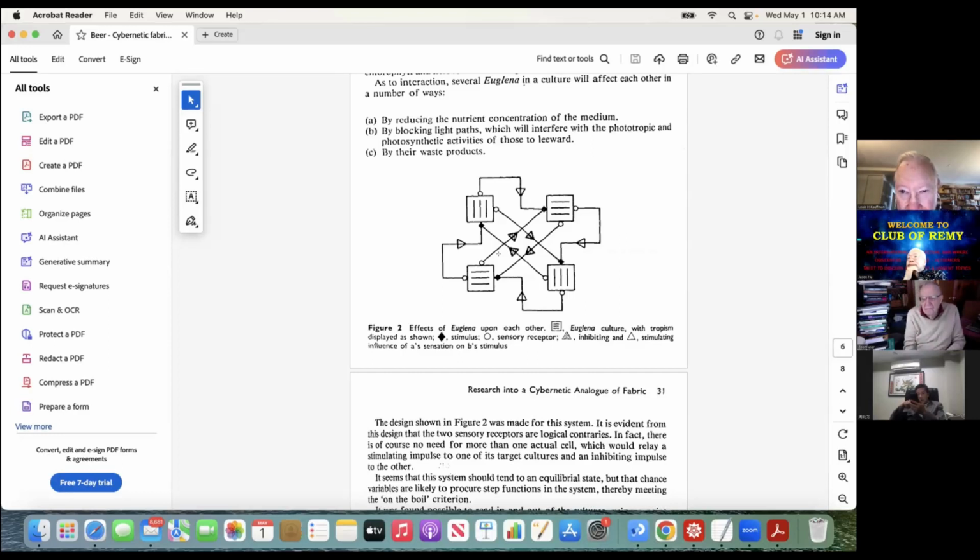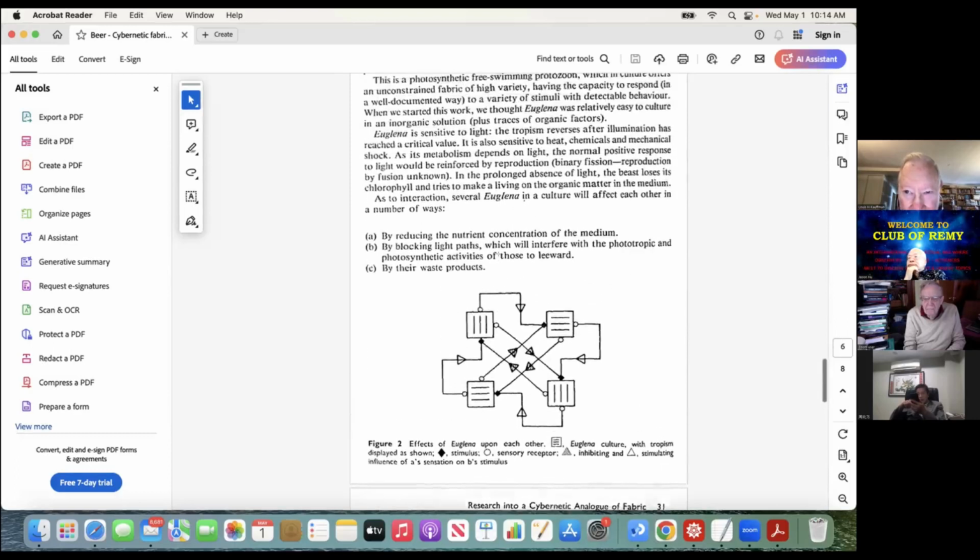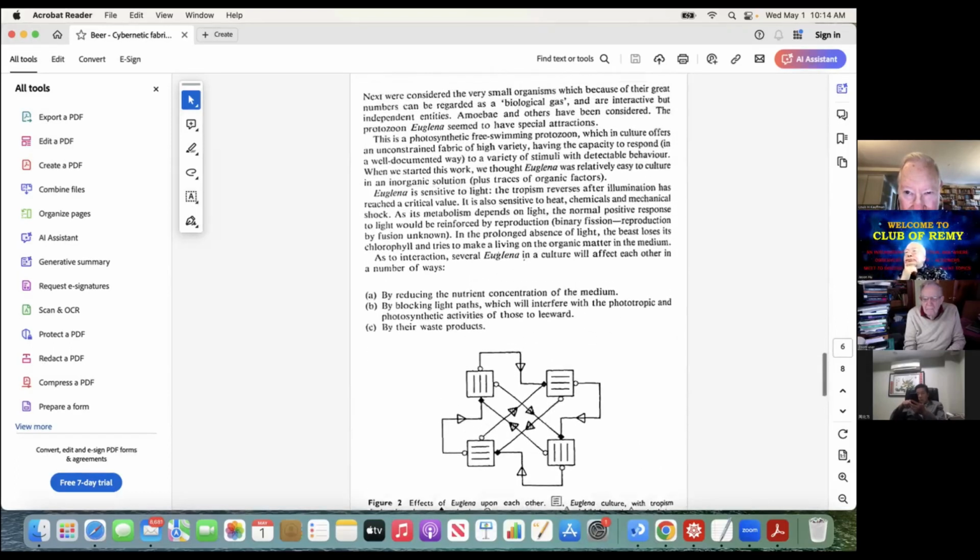Well, as you see, if you look at it, he is in fact describing it here. It's interesting to read. This is a photosynthetic free swimming protozoan, and it's sensitive to light. The tropism reverses after illumination has reached a critical level.